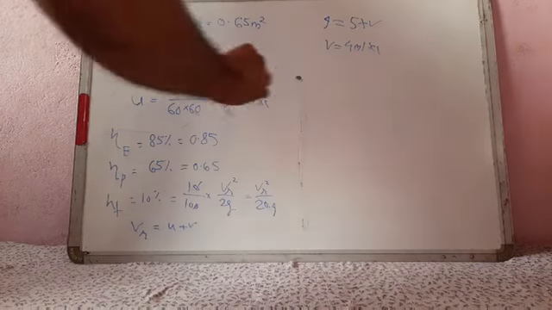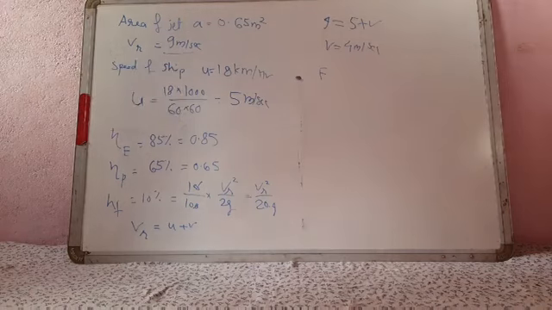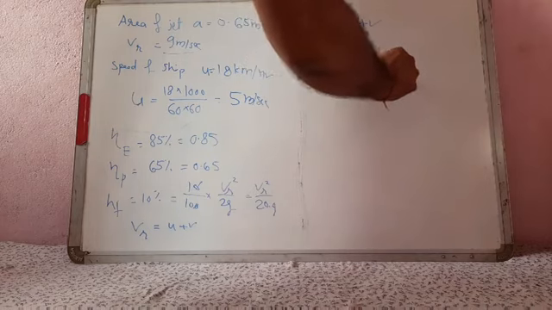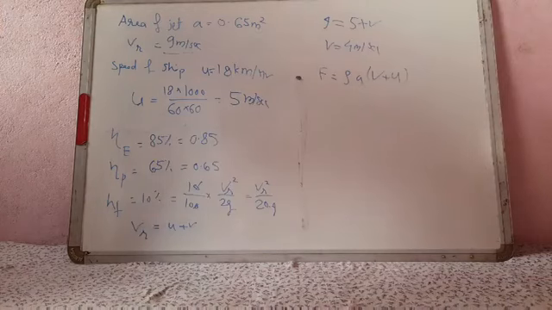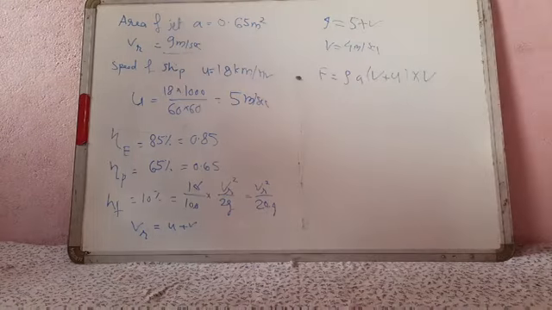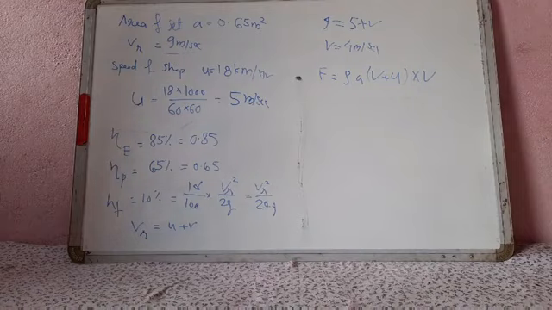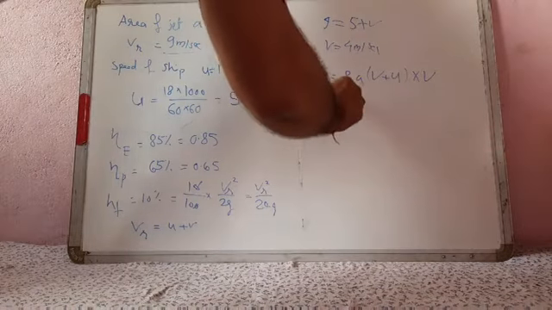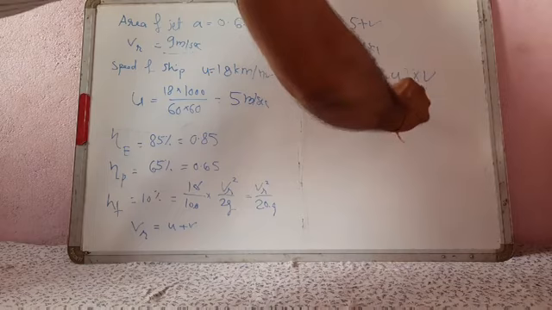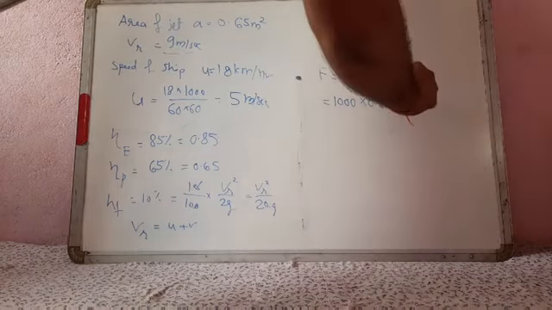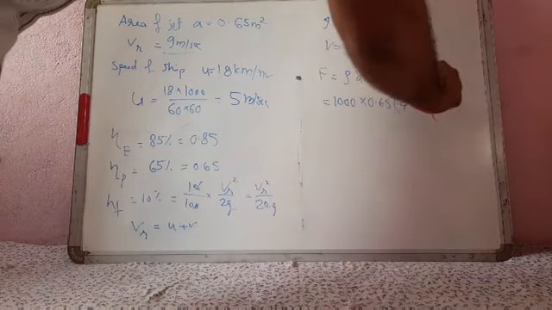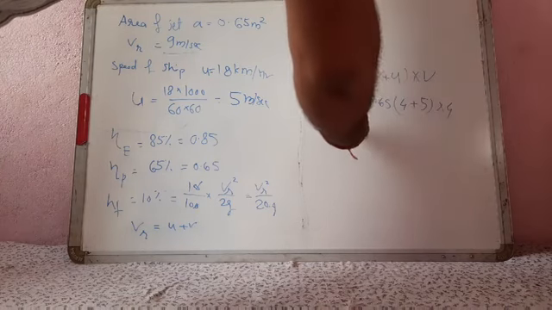Now the propelling force F is equal to rho A (V plus U) into V. Putting the values here, rho is 1000 for water, area is 0.65, V is 4, U is 5, and this is again 4.